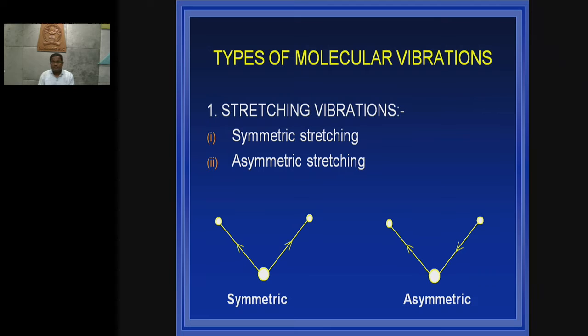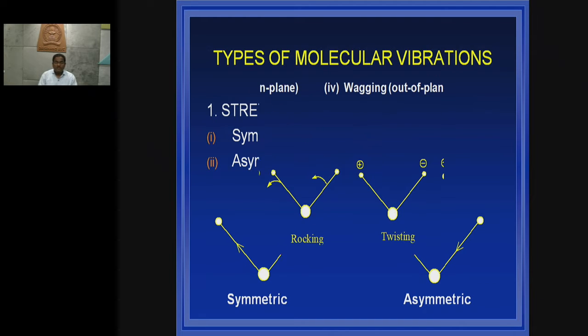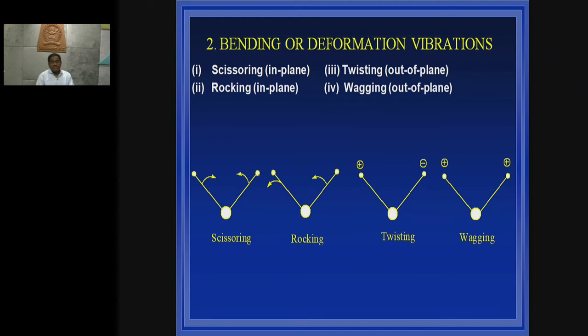In asymmetric stretching, one bond is compressed toward the central atom and one is stretched away from the central atom. This is referred to as asymmetric stretching. And normally, asymmetric stretching frequencies are always more than those of symmetrical stretching.